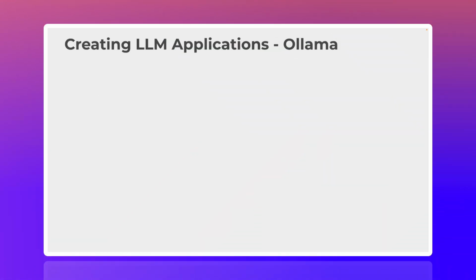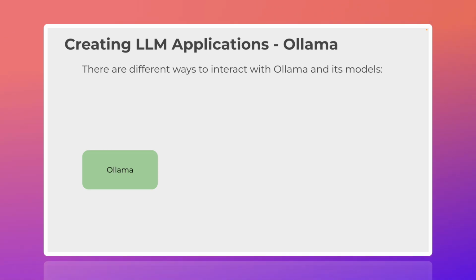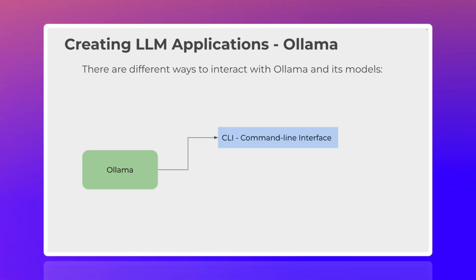Right, so to create large language model applications using Ollama, we saw that, first of all, we can use large language models that come with Ollama because Ollama hosts, per se, all of these different large language models we can use. Now, we also learned that there are different ways to interact with Ollama and its models. So we saw that the main way is through the CLI, the command line interface.